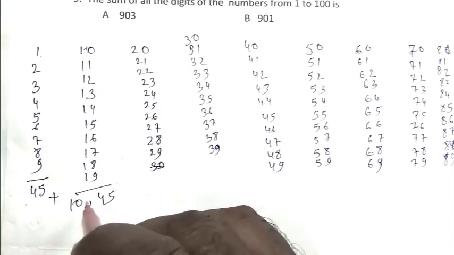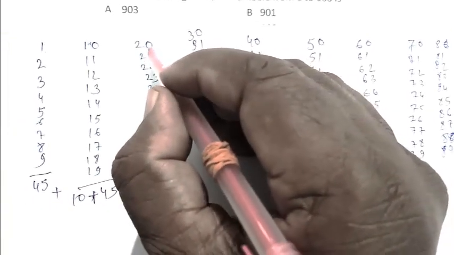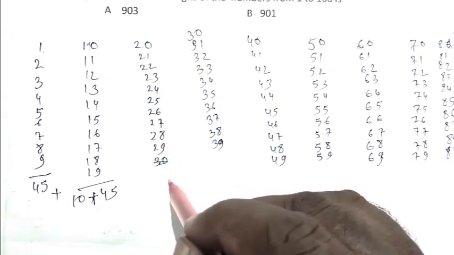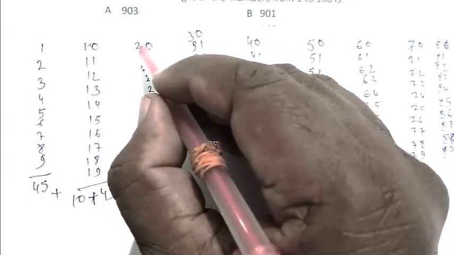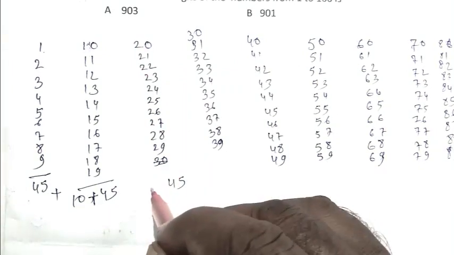So we add both. In the same way, if we add the unit place digits from 20 to 29, we get 45, and the tens place digits from 20 to 29 give 20.